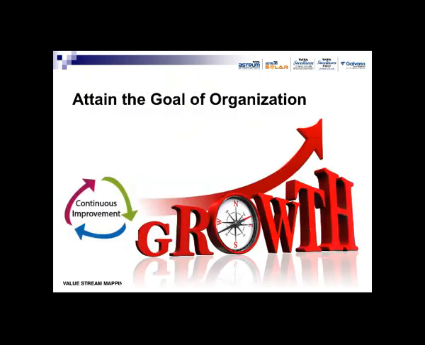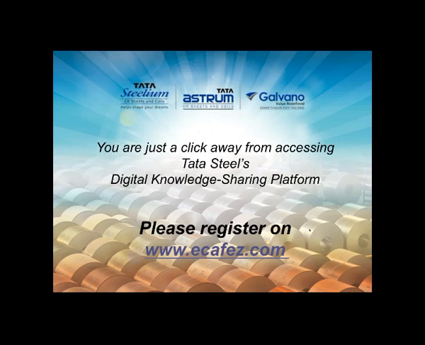So to attain the goal of the organization, we have to continuously improve, and the very first step is to conduct a value stream mapping, identify the problems, and then give a focused approach to solve every problem, project by project, using the various lean tools and lean methodology. So this is an overview.